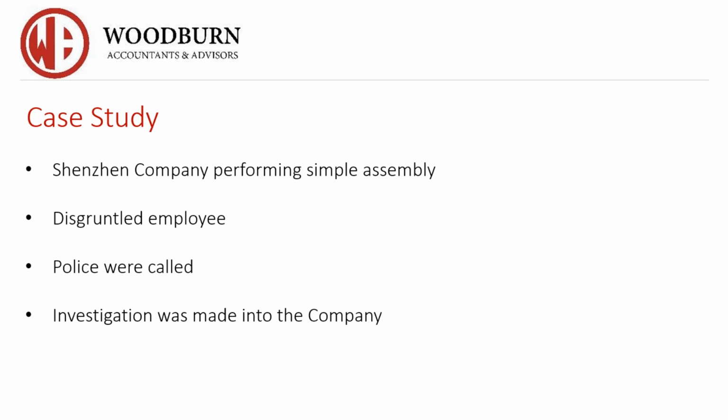Anyway, lo and behold, they had a very disgruntled employee, to the point where this disgruntled employee one day lost complete face to the management as well as to his colleagues. And he ran around the office with a pair of scissors, threatening to stab people. So I guess we can laugh at that a little bit, but at the time it really wasn't funny.